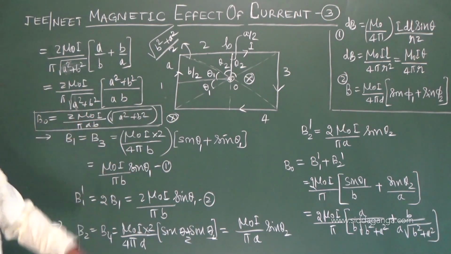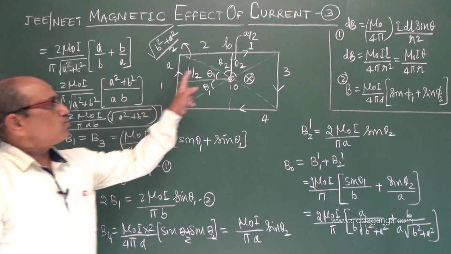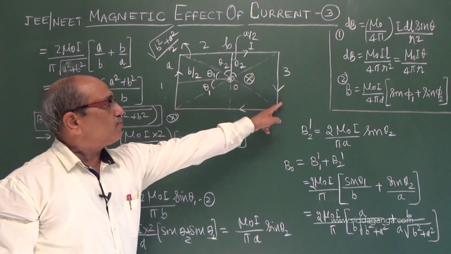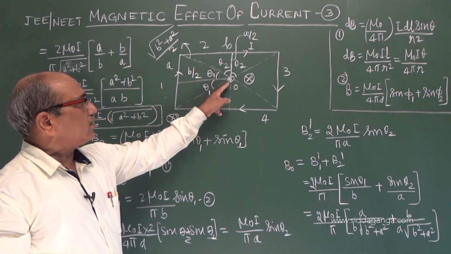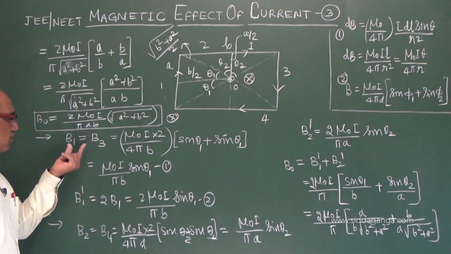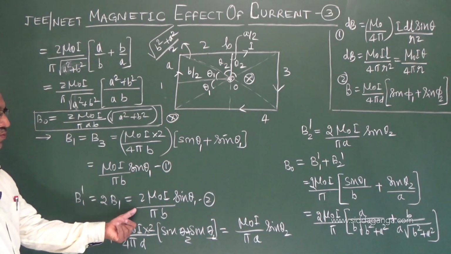So thus we finally obtained this. First, these two produce magnetic field of same magnitude and same direction. These two have symmetry. That is why we took B1 and B3 same and obtained this, multiplied by 2.